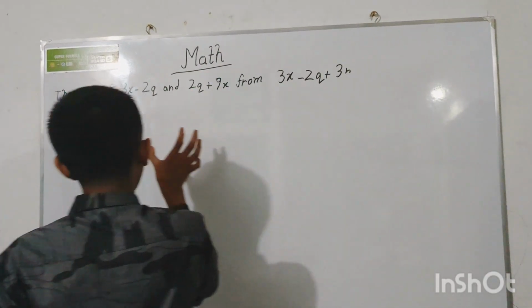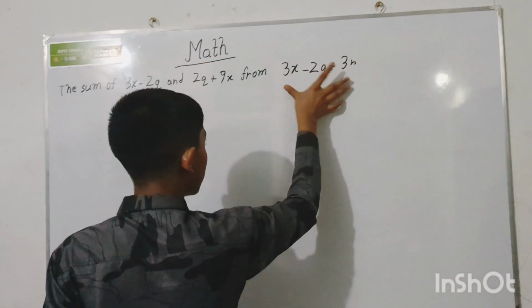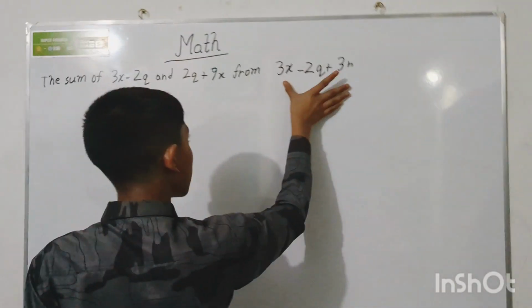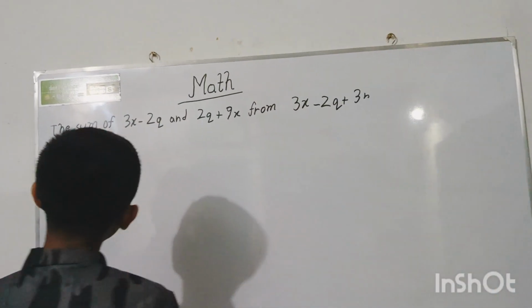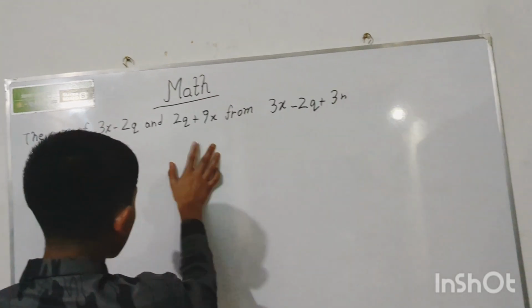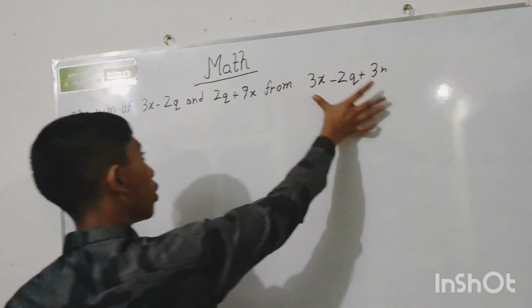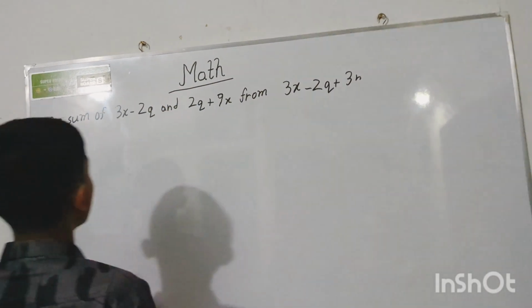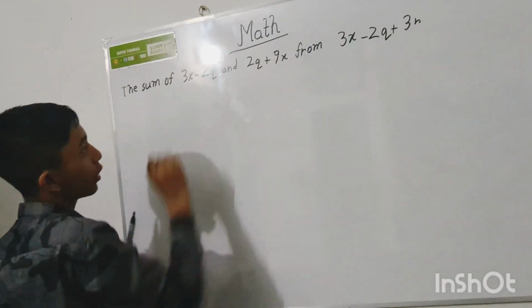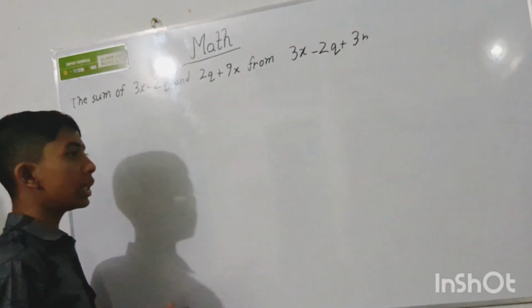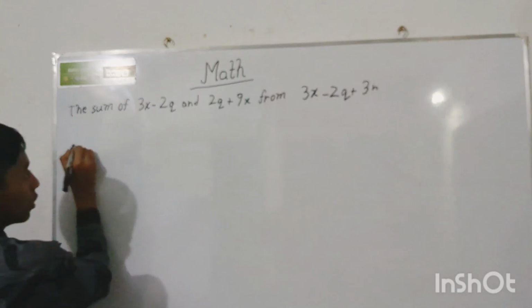So at first I will write this, because from this math I have to subtract this part, because here it is written from. That means from this I will deduct this. But many times people just write this part at first, then our whole answer will be incorrect. So I'll write this part at first.